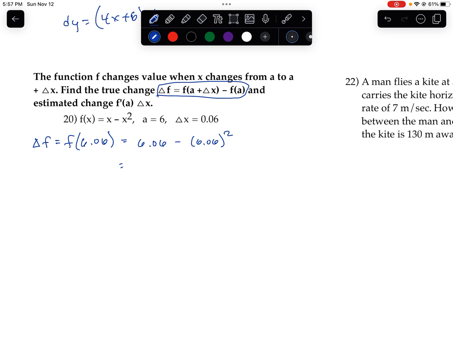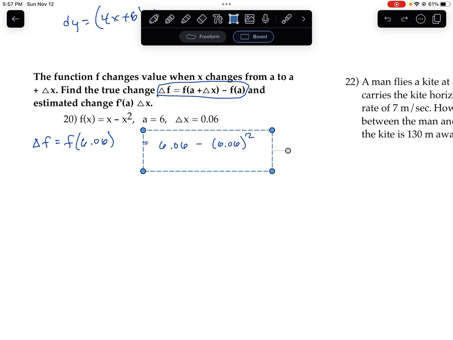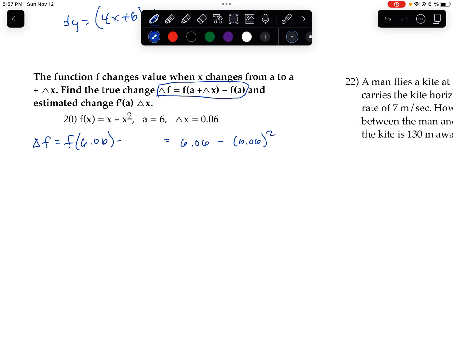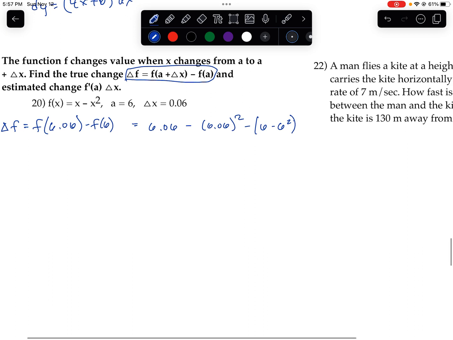Oh wait, one second. We forgot the second part, which would be minus f of 6. So that would be minus 6 minus 6 squared. So 6.06, I'm doing this in a calculator, by the way, minus 6.06 squared.